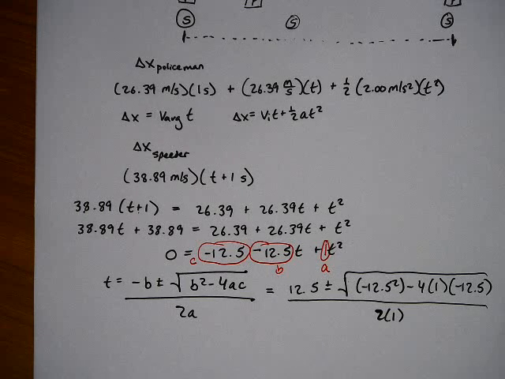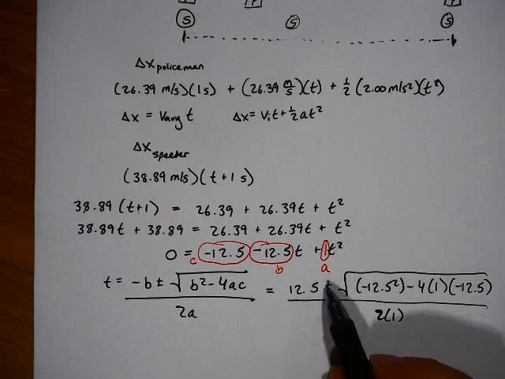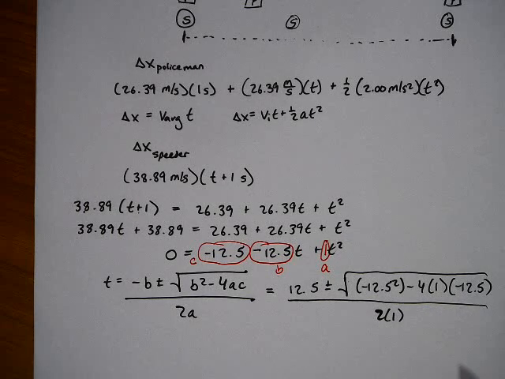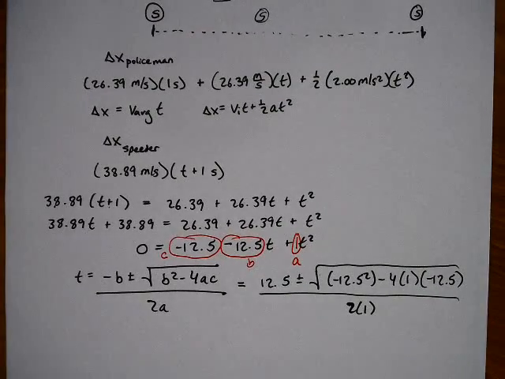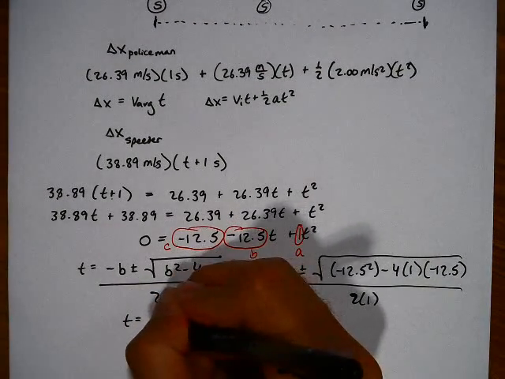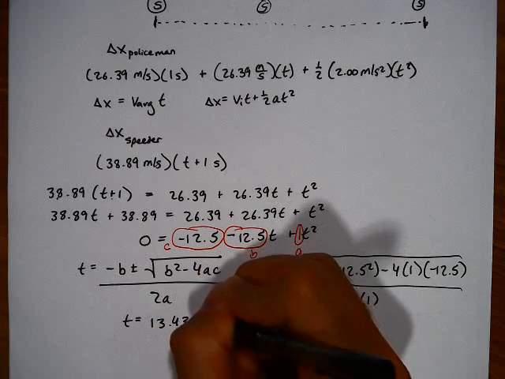This simplifies down to 13.43. We use the plus sign when we simplify this down. Otherwise we would have ended up with a negative time, so you just choose it because it's the only one that makes sense. You end up getting t equals 13.43 seconds.